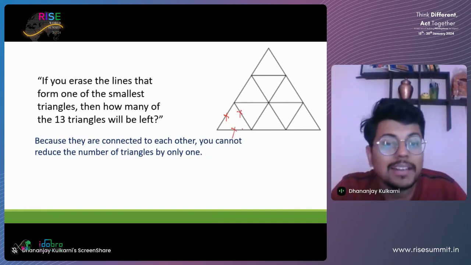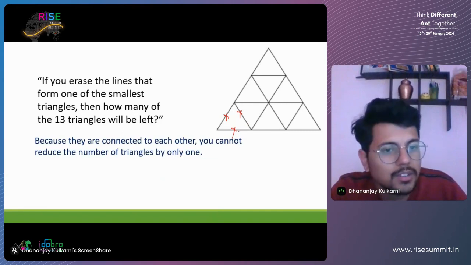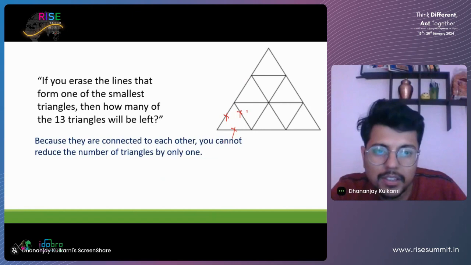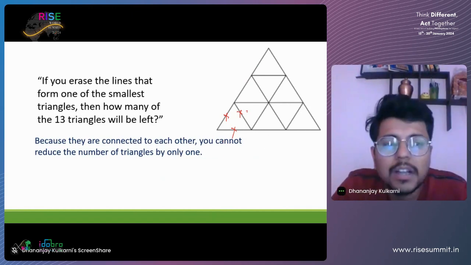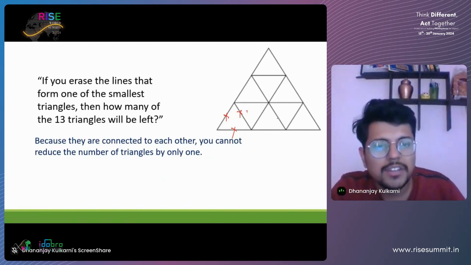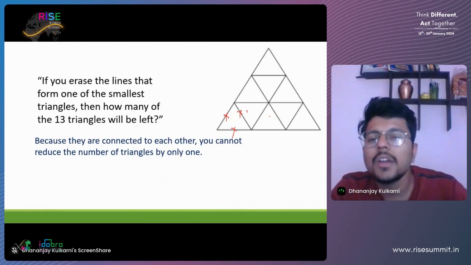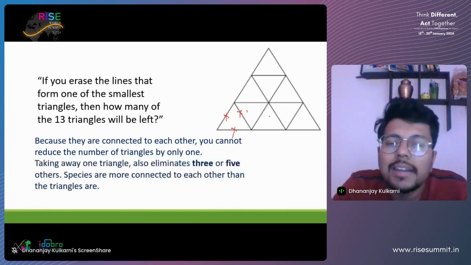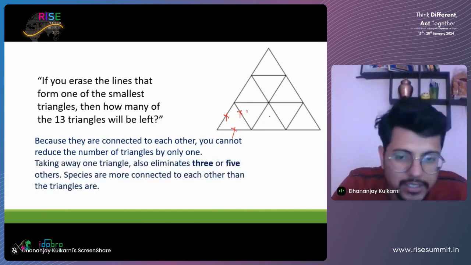So this will ultimately impact this one triangle that has gone, this second smaller triangle is also gone, this triangle is also gone, and the larger triangle is also gone. Depending on which triangle you're removing, maybe the side triangle or maybe the central triangle, you will ultimately remove 3 to 5 other triangles.